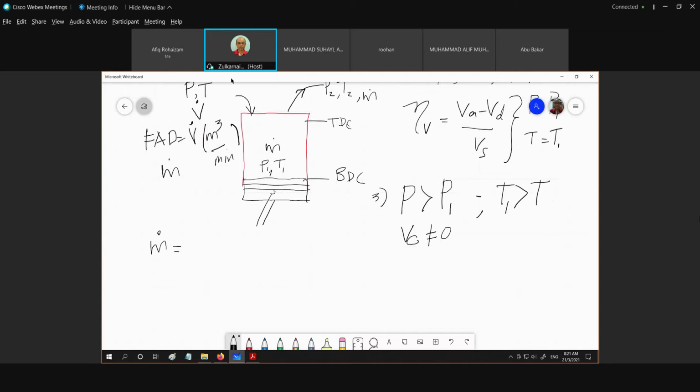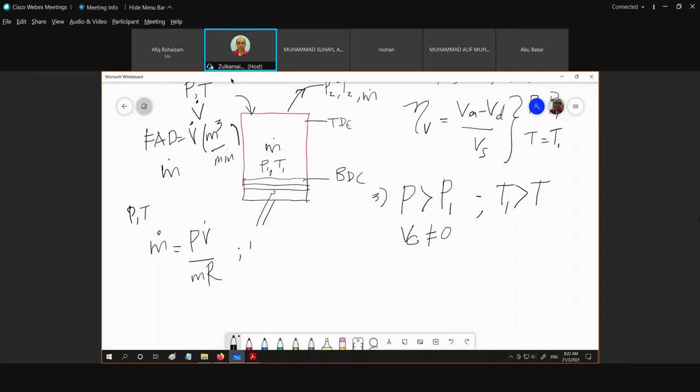So based on P and T, the M dot is equal to P V over M R. So this is V dot, which is your free air delivery. Okay?